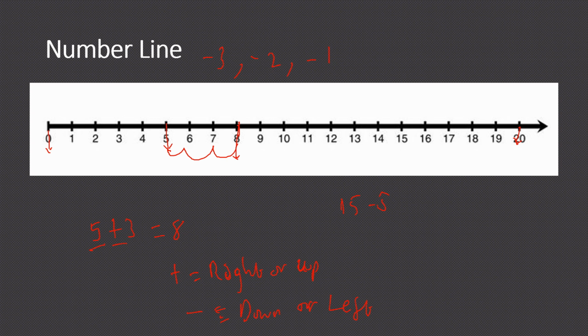So let's look at this next question, 15 minus 5. We start at 15, and then we take it 5 places back: 1, 2, 3, 4, and 5. So 15 minus 5 equals 10, as it stops at 10.